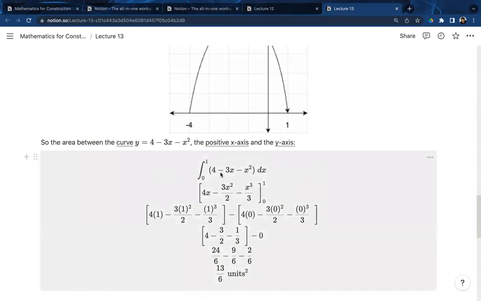And when we integrate the function, we get this new function here in square brackets. This notation where the square brackets has an upper and a lower limit means to substitute it into the square brackets. So we substitute the upper limit, and then we subtract that from the substitution of the lower limit.